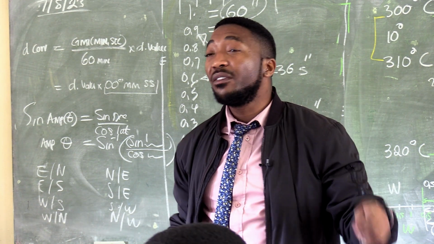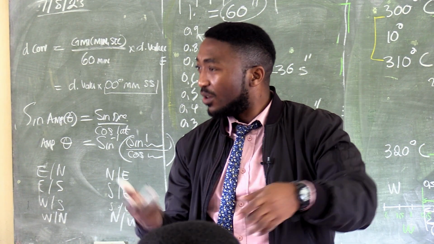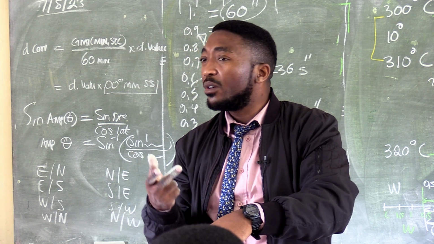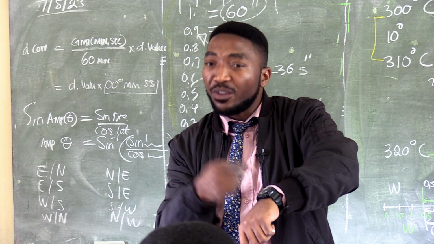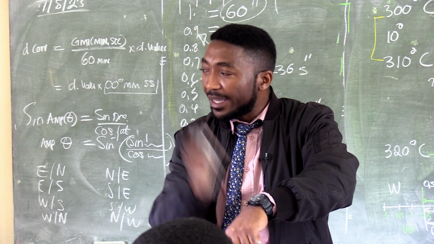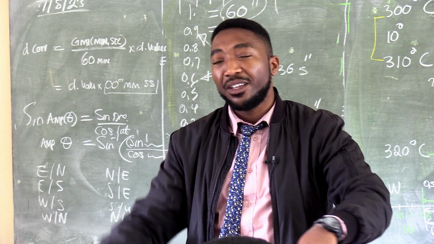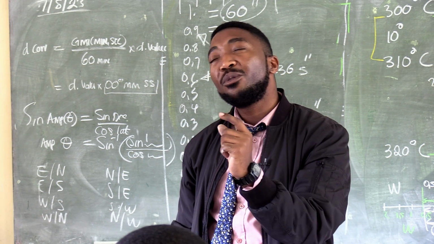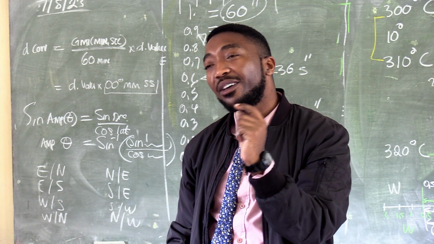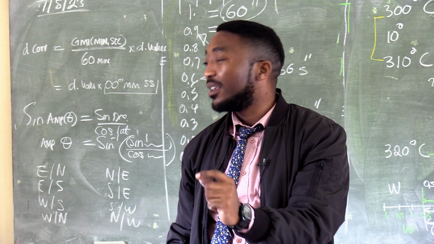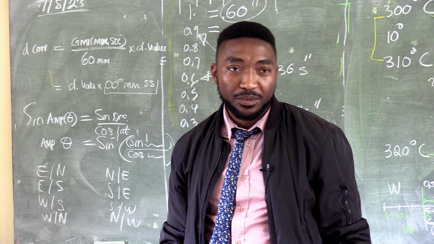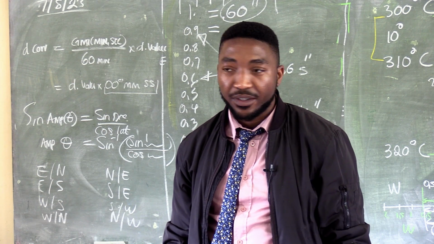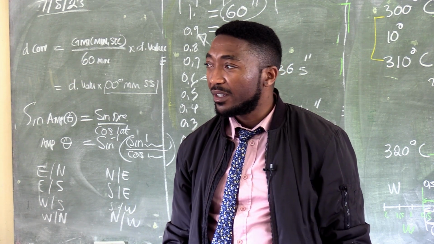But a chronometer, just like your watch, even if there is no electricity or no network, continues telling you the time. So this is a most precise, accurate timekeeping instrument on board the ship. You only find it on board the ship. What is a chronometer?